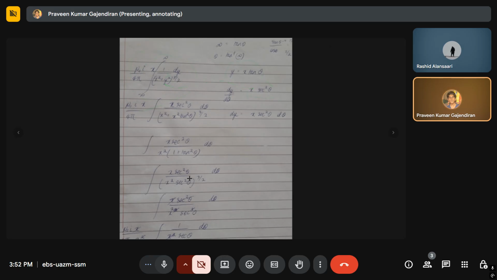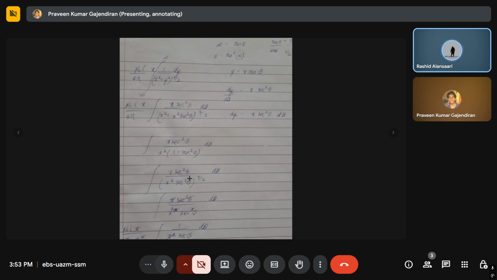That's where he got this. Then he pulled the x square out. Then he got 1 plus tan square theta, and 1 plus tan square theta is equal to sec square theta. So then he cancelled the sec square.